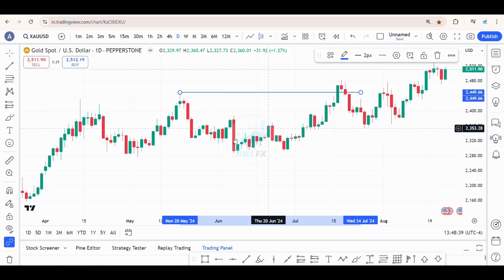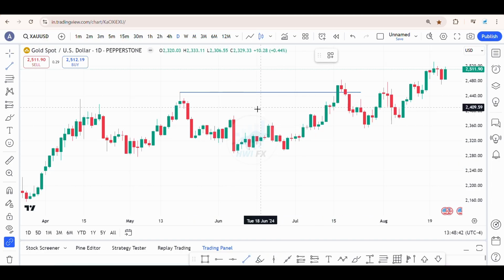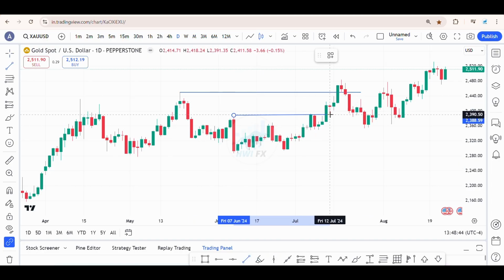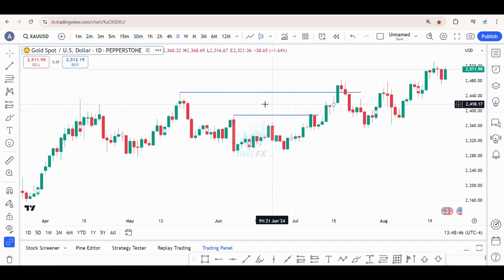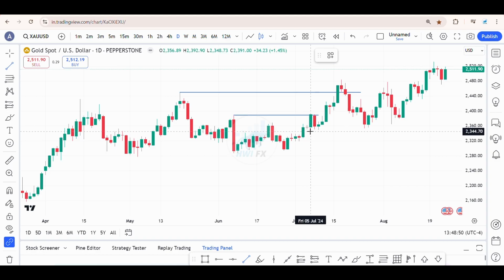If you see, price did what here? Price moved here. Price took the external, then came back to this very nice FVG here.